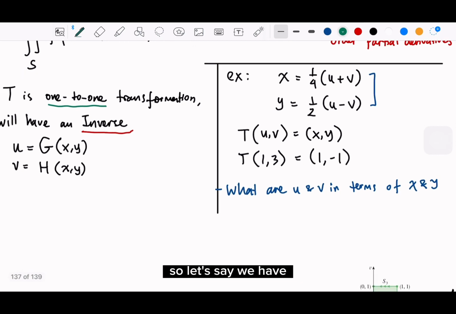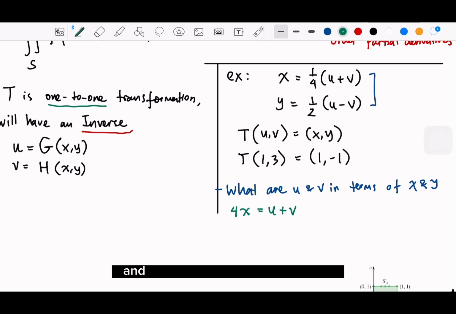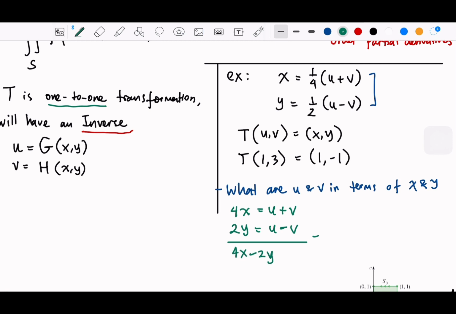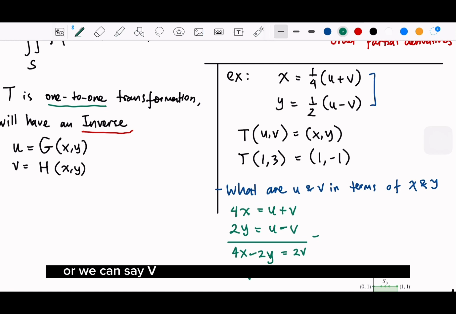So let's say we have, I will multiply with 4, so it becomes 4x equals u plus v. And I will multiply with 2 for y, so 2y equals u minus v. Okay, just solving through linear equations, we get that this will be, let's say we subtract to remove u, so 4x minus 2y is equal to v, or we can say v is 2x minus y.